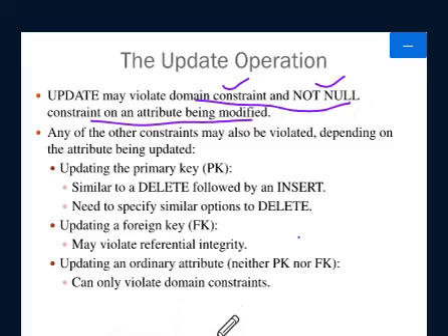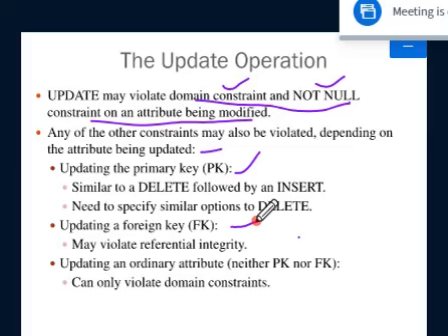Any of the other constraints may also be violated depending on the attribute being updated. When we are updating the primary key, it may be violating; that means I may be updating to a duplicate value, or a value which is already existing. Updating the foreign key means I may be updating to a value which is not existing in the parent table.